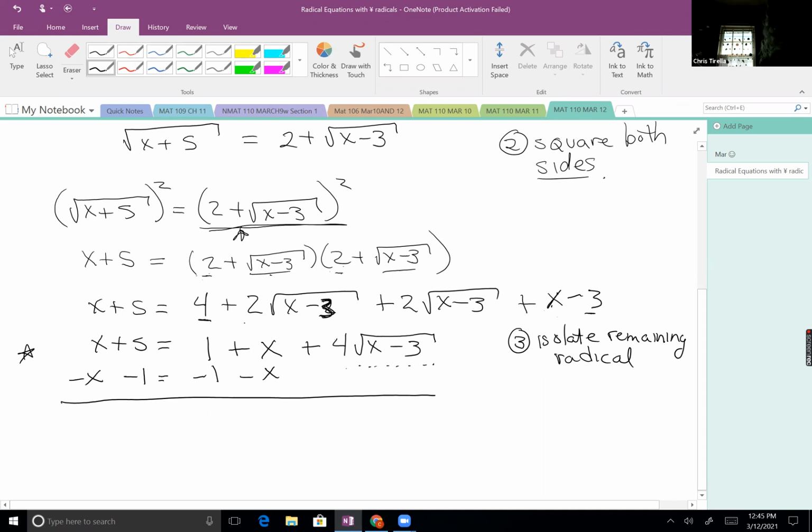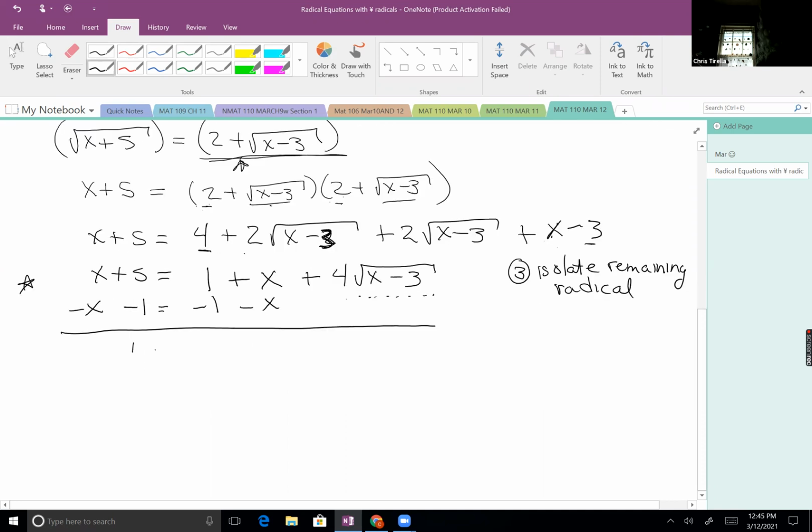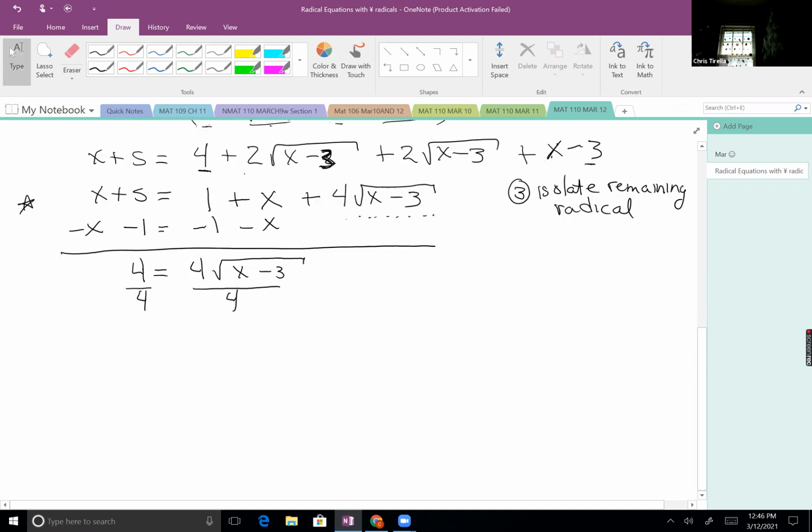On the left, I'm just left with 4. On the right, I'm just left with 4 times the square root of x minus 3. Now, again, I want that radical all alone, so I'm going to divide by its coefficient 4, and what I do to one side, I have to do to the other. That leaves me with 1 equals the square root of x minus 3, and I've got that radical all alone.